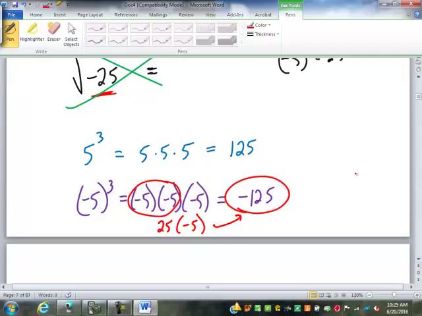When it's to the third power, it is possible to get a negative answer. The positive 5 to the third power was a positive 125. Obviously, a negative can't come out of thin air, so a positive number is going to stay positive when you take a power. But a negative 5 to the third power did give us a negative result.